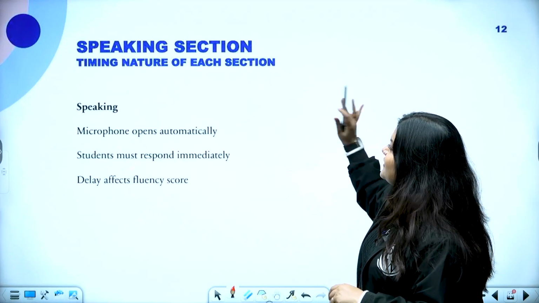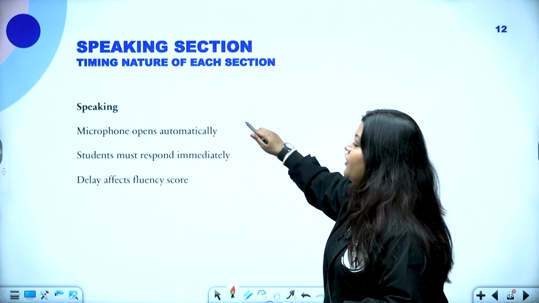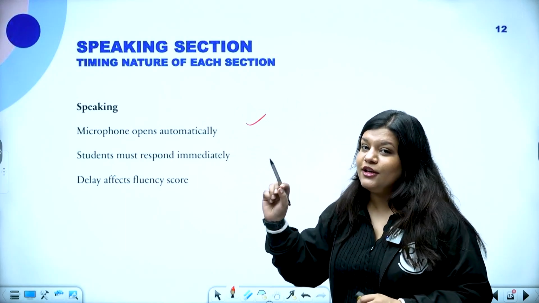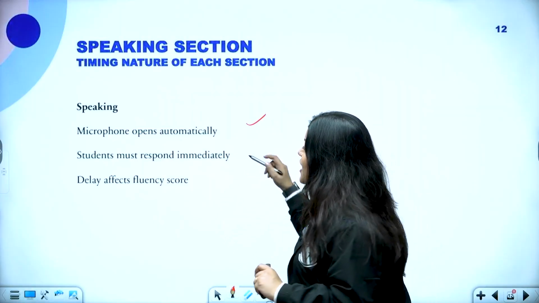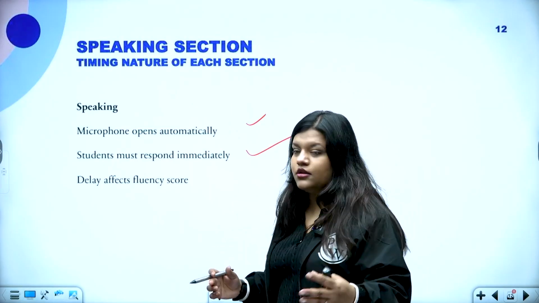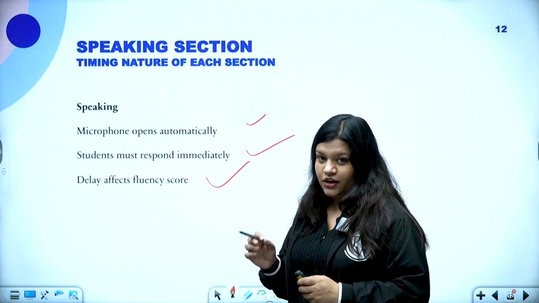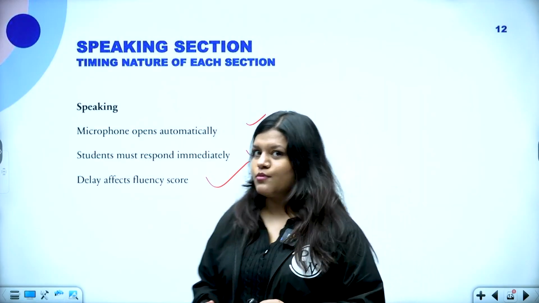Now let's understand further things about speaking. Microphones open automatically, so you need to keep a count of time. Students must respond immediately the moment they hear the question, and delay affects fluency and score. So take your decision wisely and answer your questions properly.